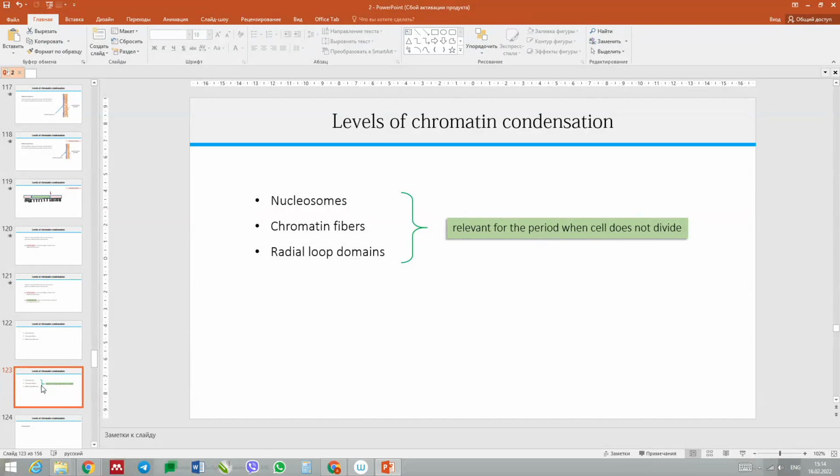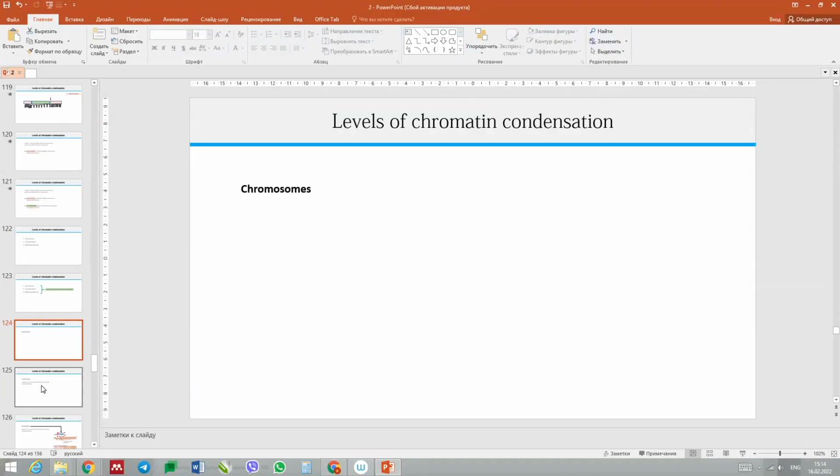When cells start to divide, condensation of DNA will be increased further with the help of a special three-dimensional structure that is called chromosomes. So what is a chromosome? Chromosome, basically, is DNA associated with proteins. But in a more detailed explanation, we can say that a chromosome is a special three-dimensional structure that is used for maximal condensation of DNA molecule.